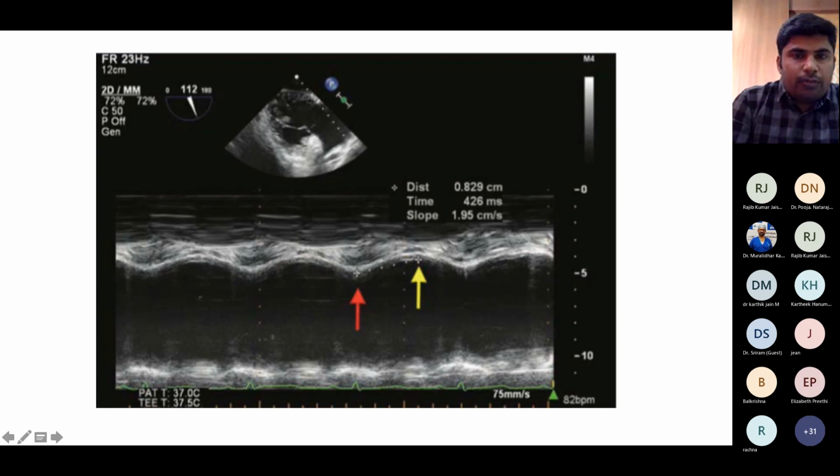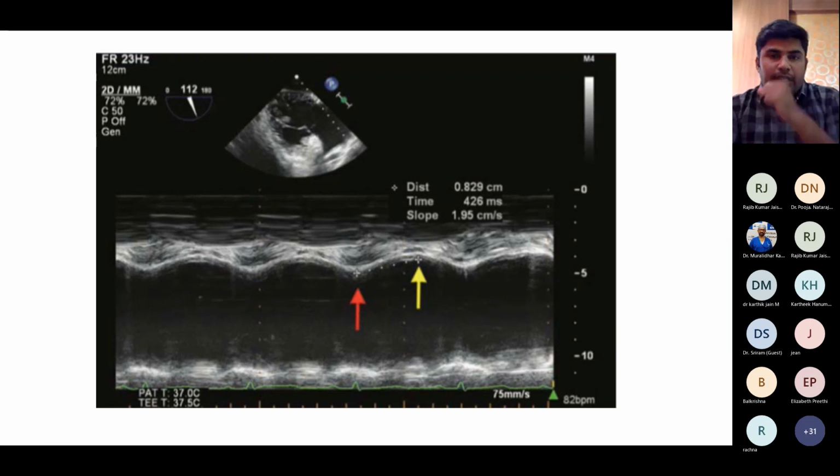We will get the RV inflow view, which aligns the lateral wall of the tricuspid annulus to the cursor. Here we can apply M mode and see the degree of movement of the tricuspid annulus throughout the cardiac cycle during systole.